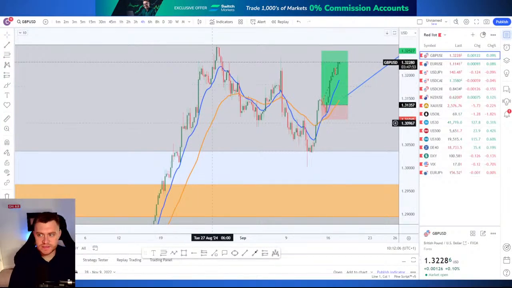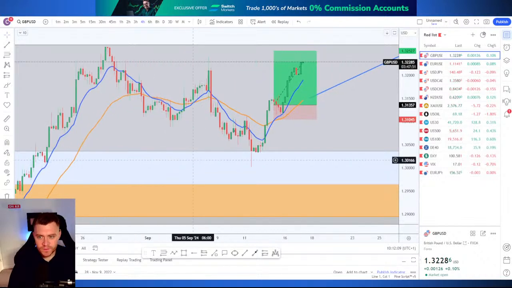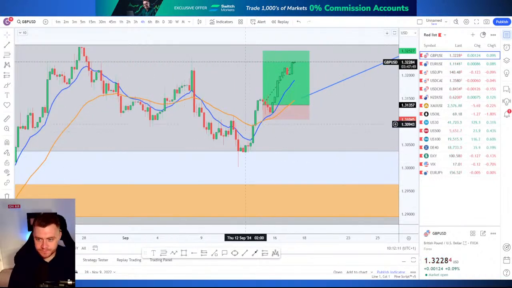Okay, good stuff. Right, so if we have a look at what we see at the moment on cable, you can see the most recent crossover we had was a bullish one, and that's our sign to go long.